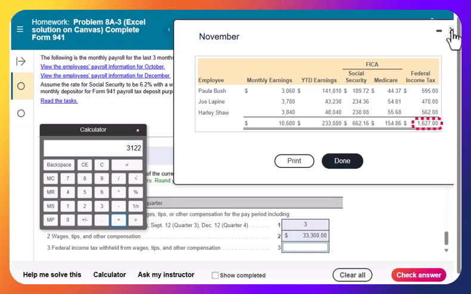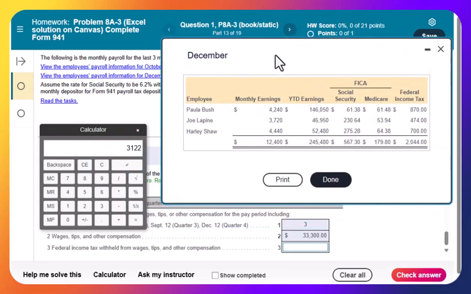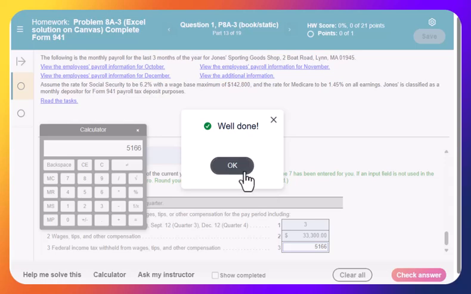And then December's federal income tax. Right down here in the corner, federal income tax total was 2,044. So we're going to go ahead and add that. And that is a total of 5,166. So we can go ahead and enter that in here in line 3. Check our answer. Well done.